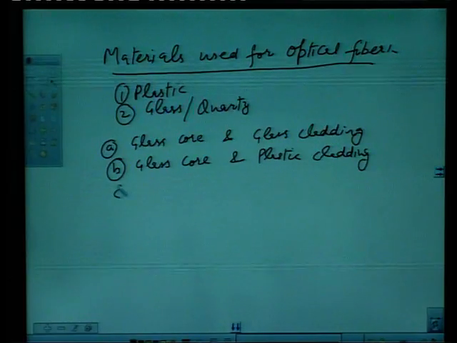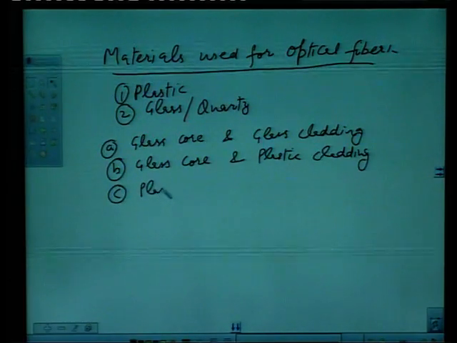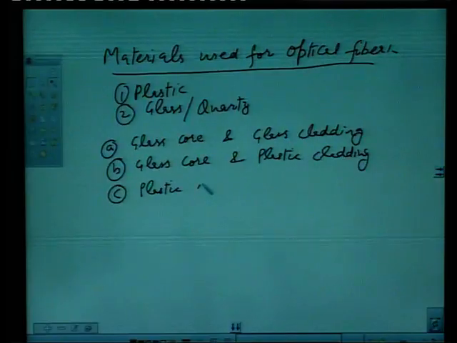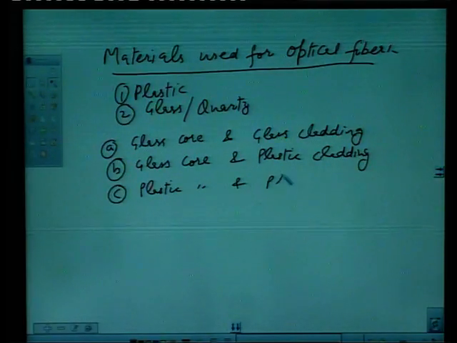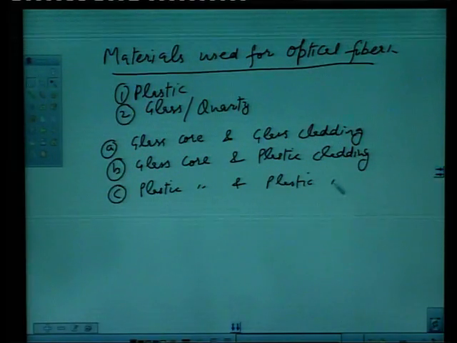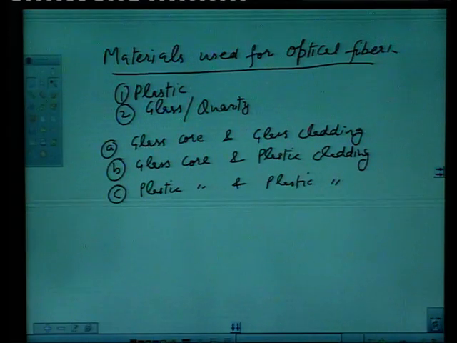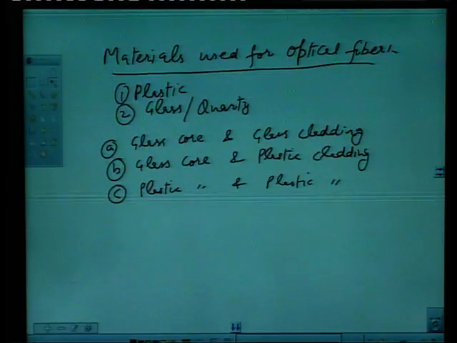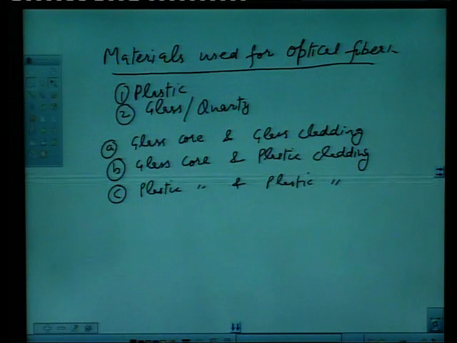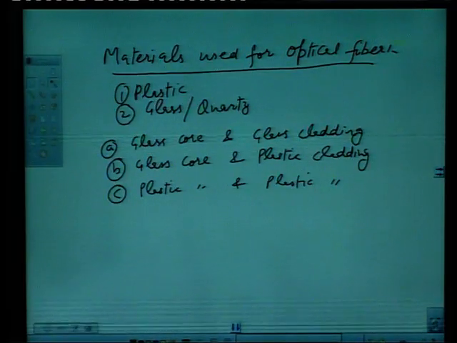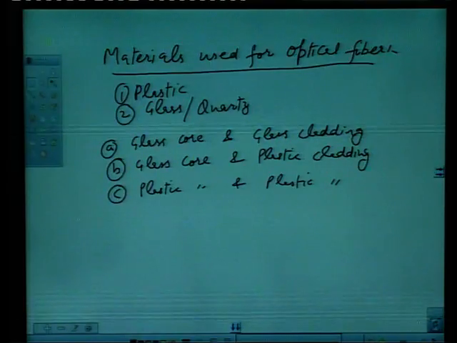The third one is plastic core and plastic cladding. So, there are three combinations of core and cladding, but the first one is preferred over the third one because the output is more with a glass core and glass cladding as compared to the plastic core and plastic cladding. So, this is the most efficient optical fiber.